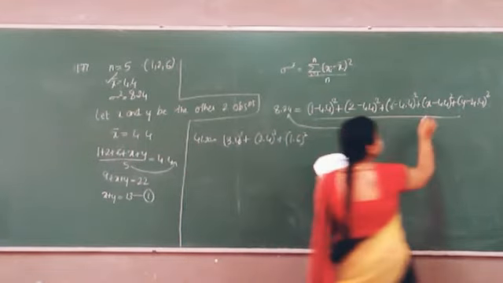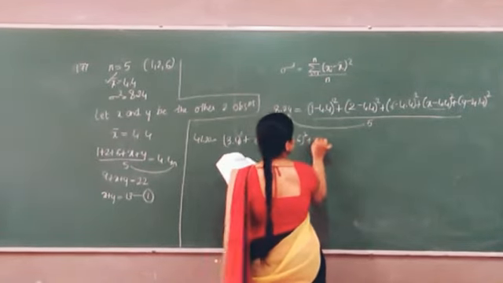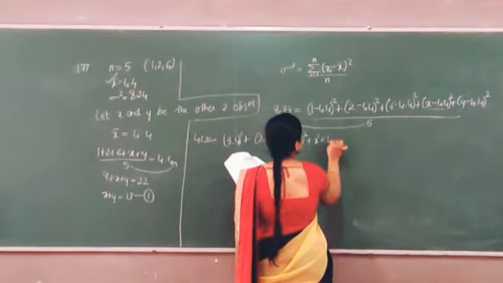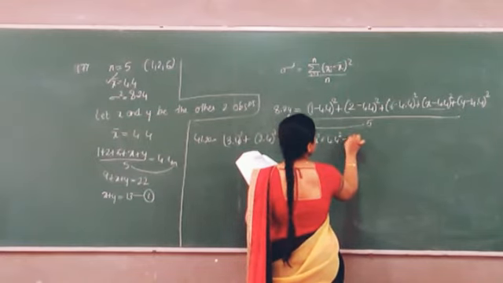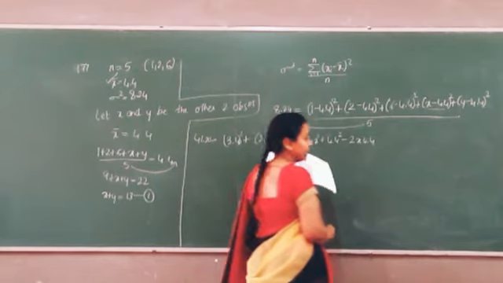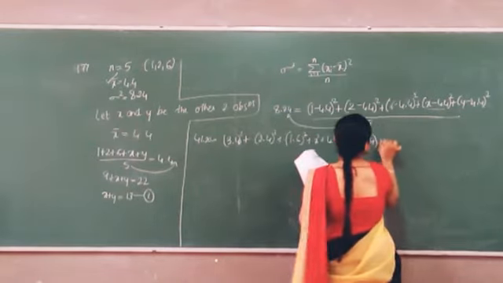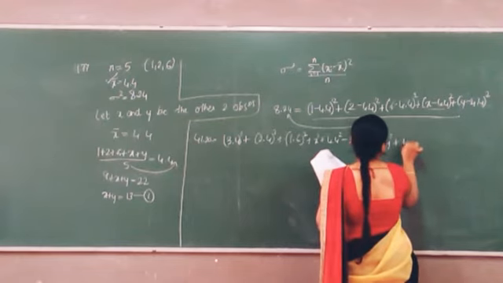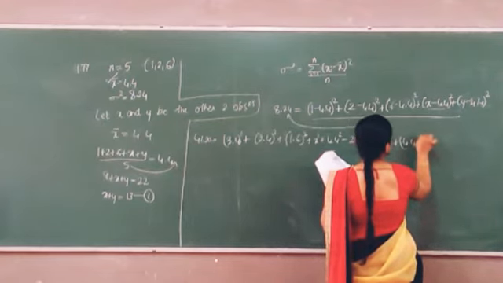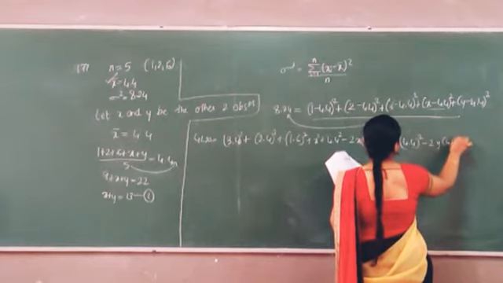And for this we will apply the a minus b whole square formula. So it is x square plus 4.4 whole square minus 2 into x into 4.4. In the same way, we will even apply it for this. So it is plus y square plus 4.4 whole square, minus 2 into y into 4.4.